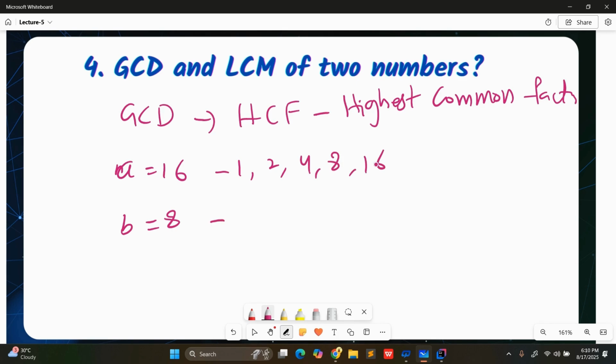These are the factors of 16. And 1, 2, 4, 8. If I take a number more than 8, could it be a factor of 8? No, right? So we only have common factors until 8. If you go after 8, you cannot find any common factors, because 8 has its last factor as 8.